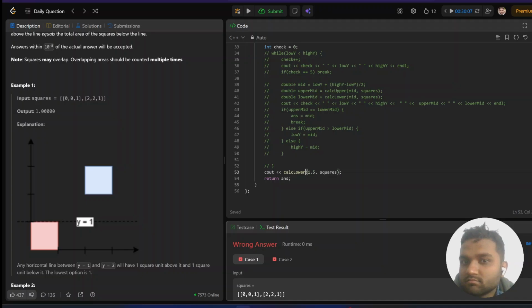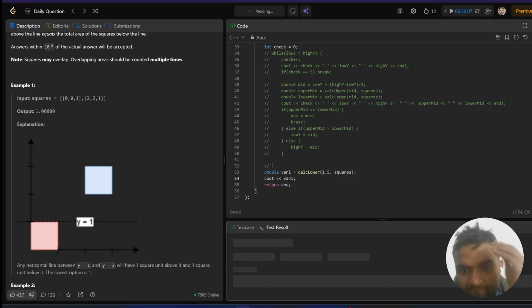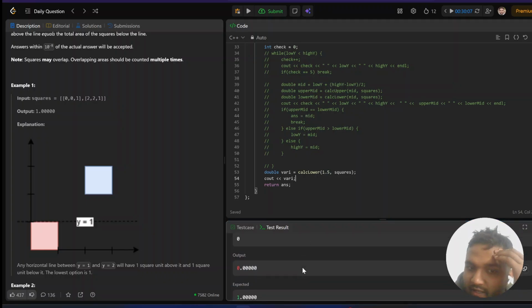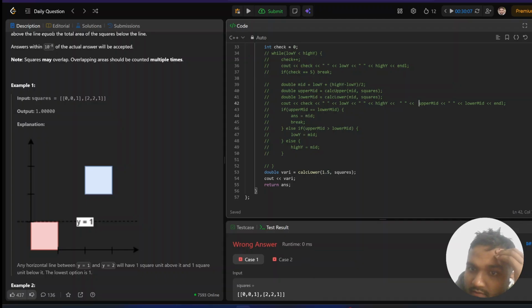Okay, double variable, again getting 0. Okay, then why is it not printed here?